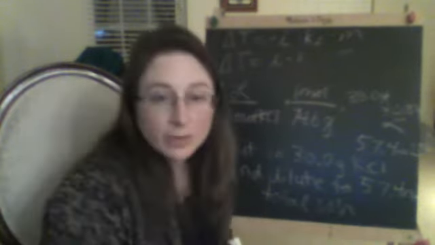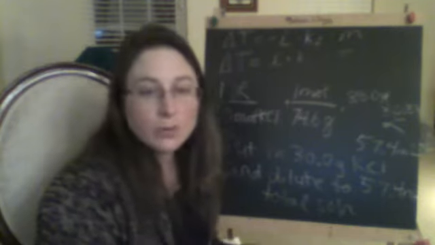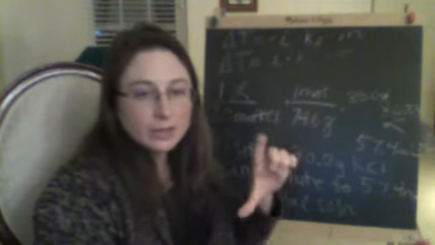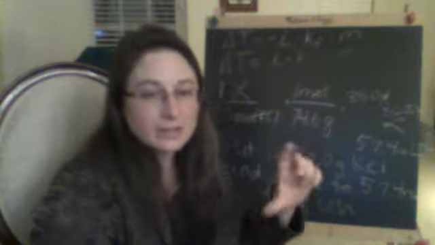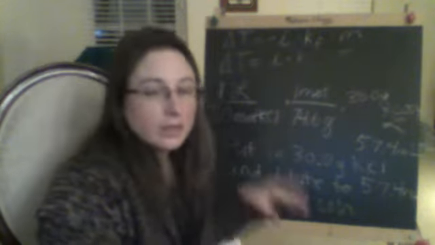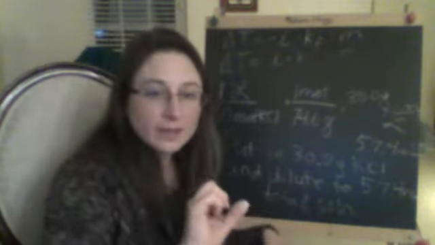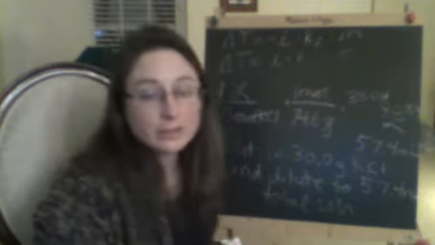Okay, so different way of making the solution. For molal, you measure the water up to 57.4 milliliters, and then you add the KCl. For molar, you add the KCl and then dilute with water up to 57.4 milliliters.